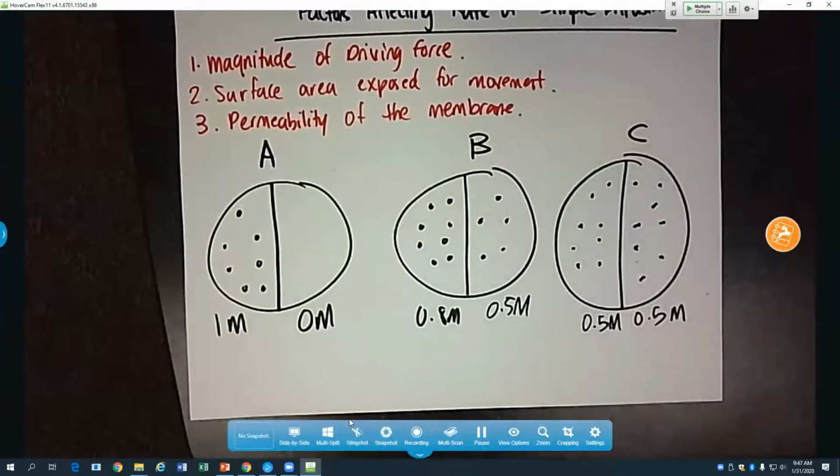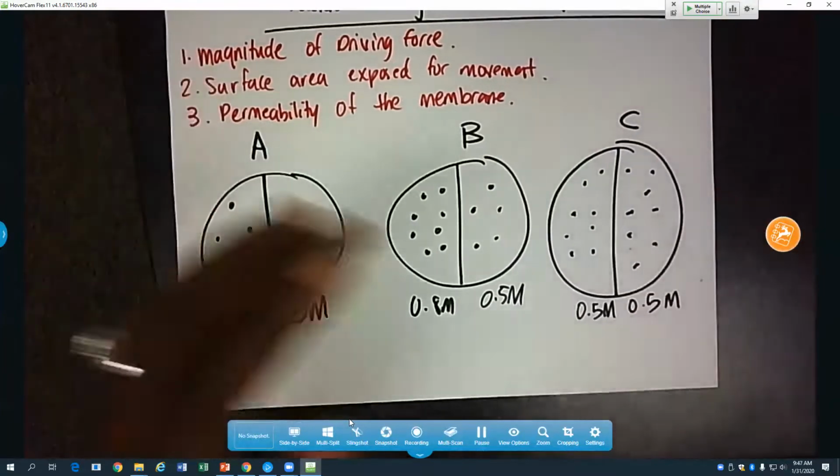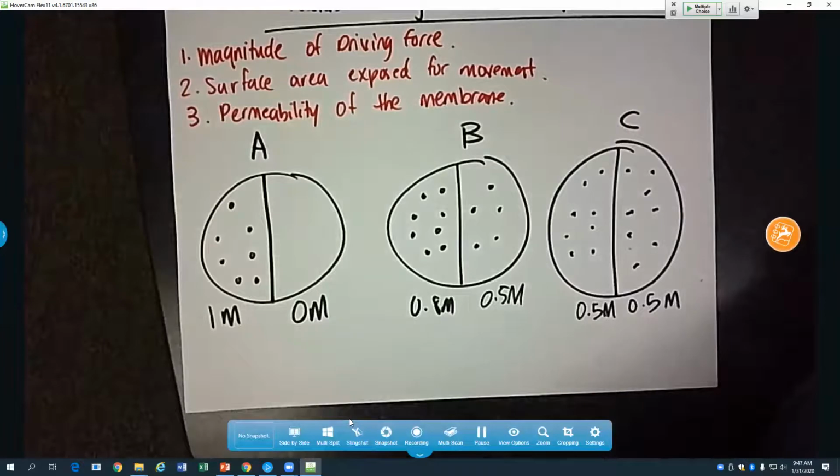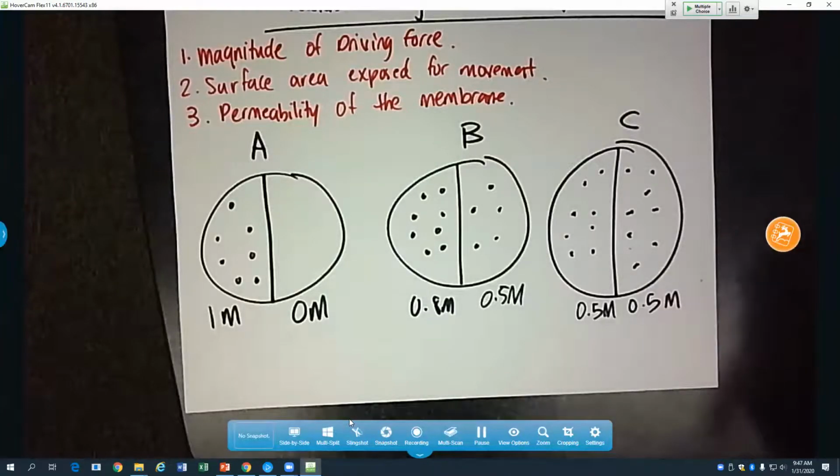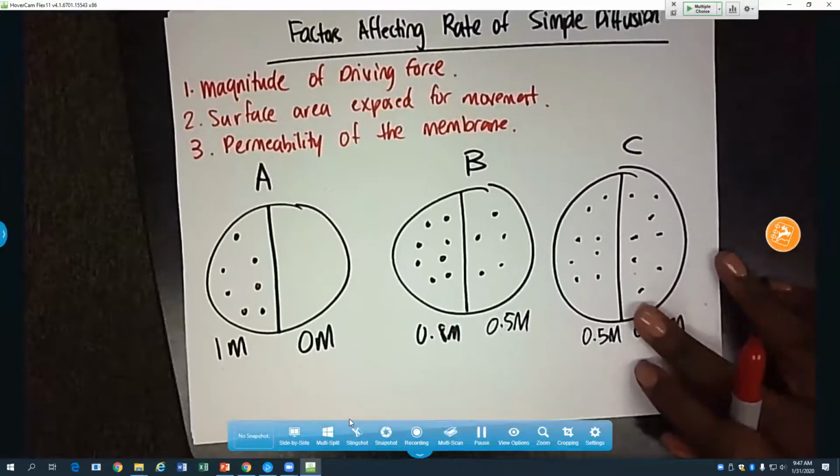So who can predict what our rates will look like in each of these? Who can predict where we'll have the fastest rate versus the slowest rate? So which of these scenarios will we see a fast rate of simple diffusion?